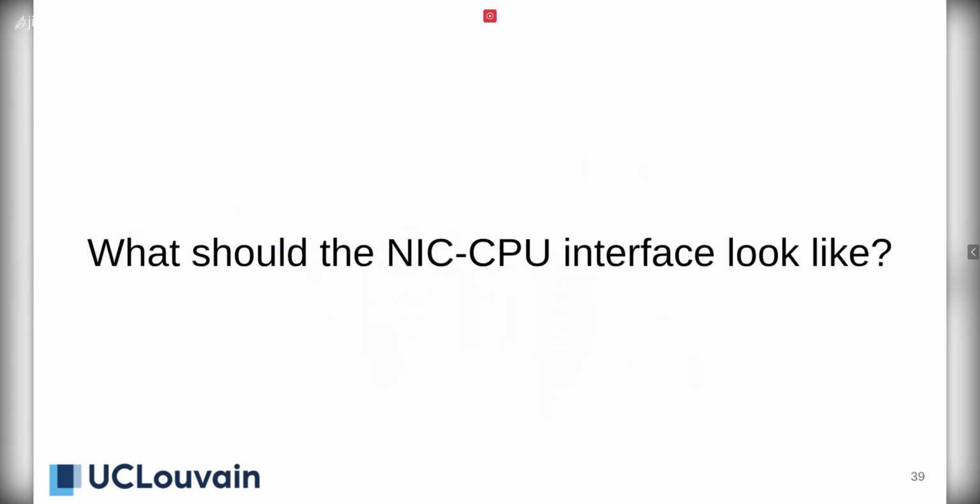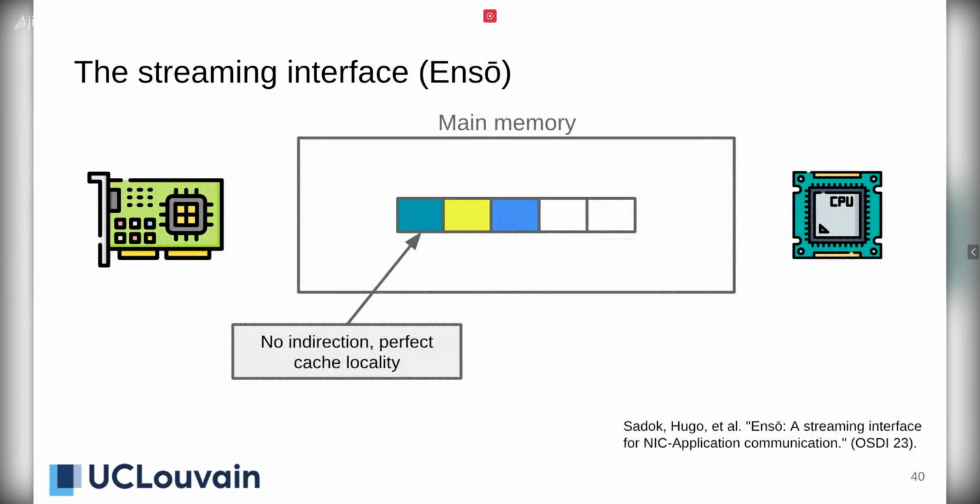And so now that we saw all the limitations of the packetized interface, we can think about, okay, what should the correct interface actually look like? This question has been debated in the community. One previous work, Enzo, proposed to replace the packetized interface by a version where all the packets are just directly written to memory.